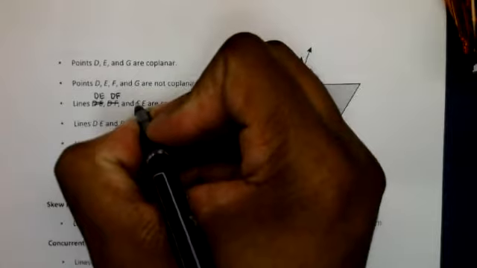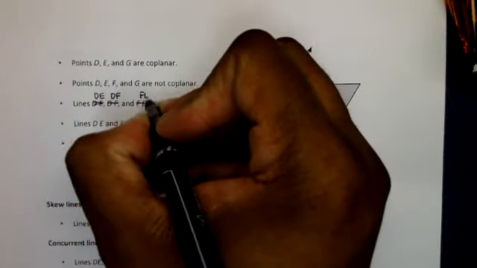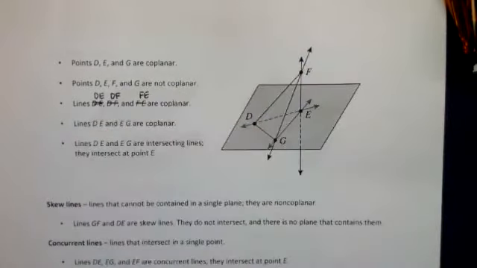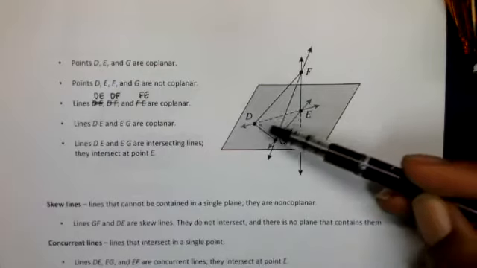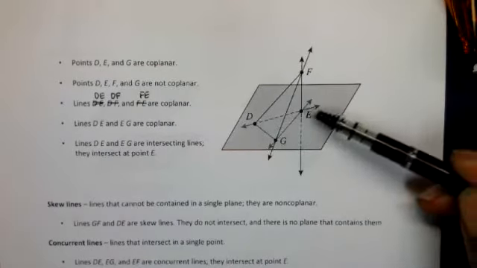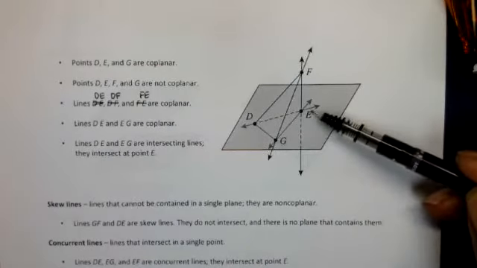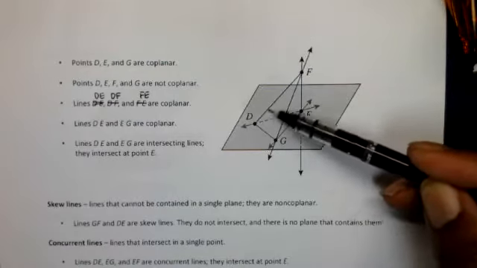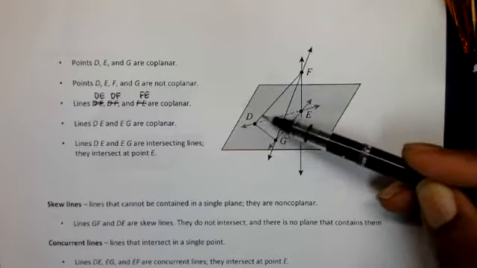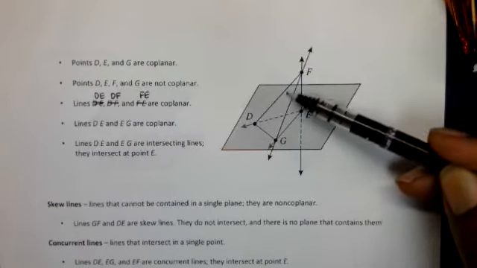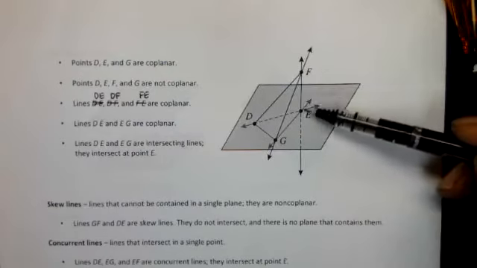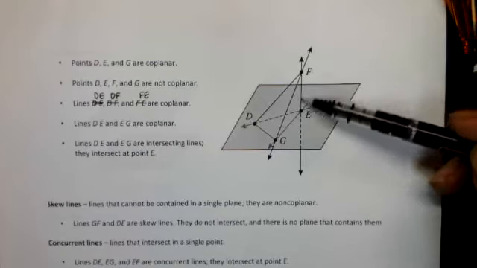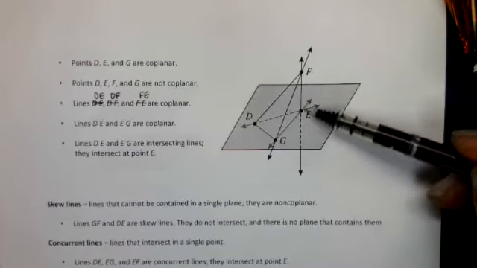D and F should be together, and FE. Those two letters should be together. Those are coplanar. Here, line DE, and also line DF. Line FE. That's this line that you see here.